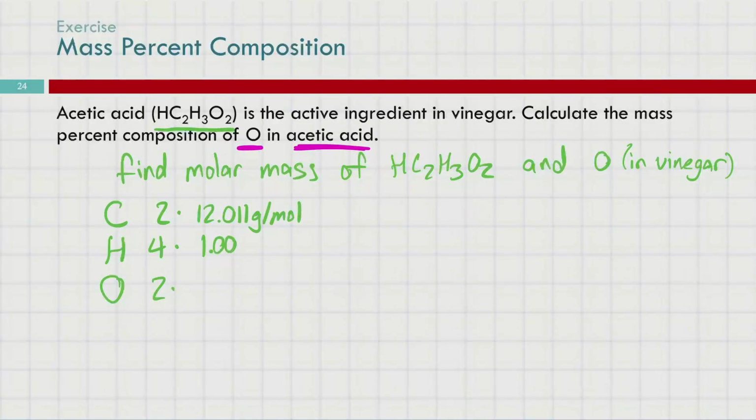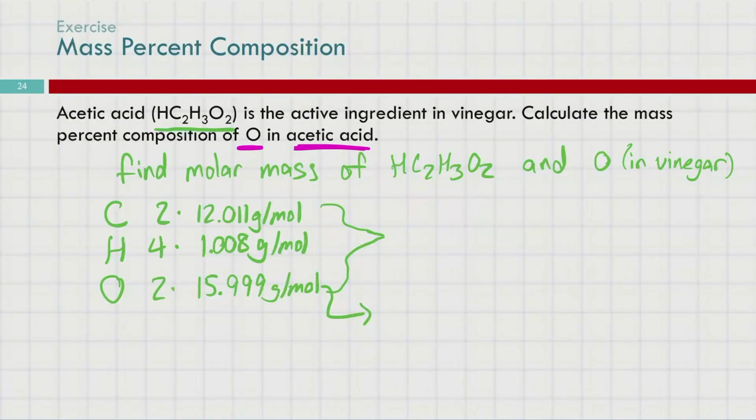And then we multiply these by our molar masses. I'm going to sum them all up. And I'm also going to pull out this 2 times 15.999 grams per mole separately. So 2 times 12.011 plus 4 times 1.008 plus 2 times 15.999.